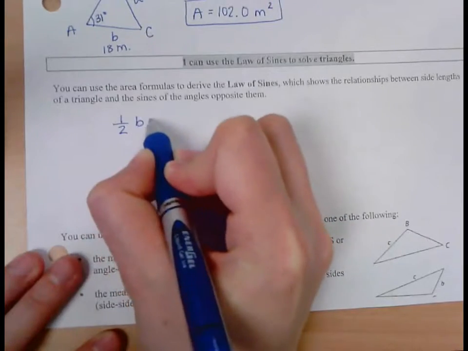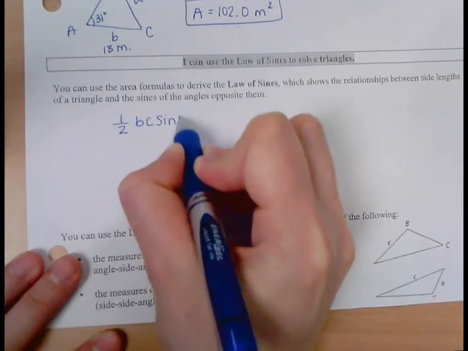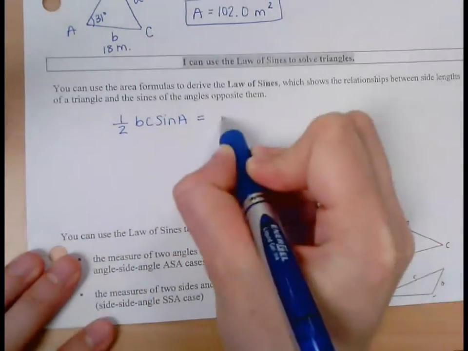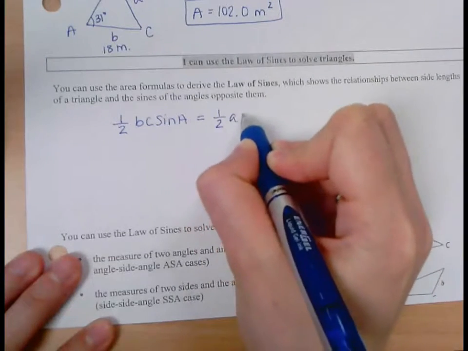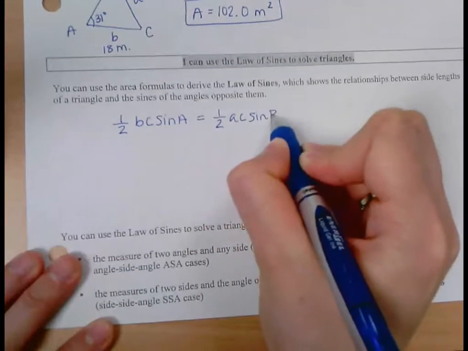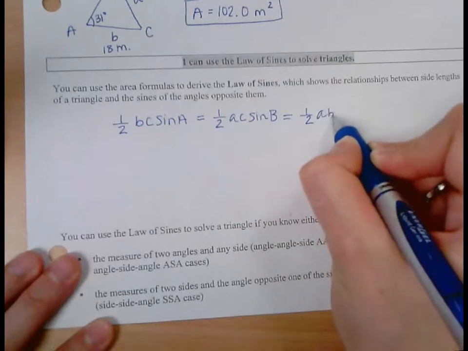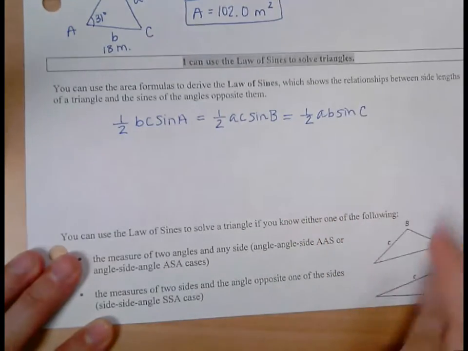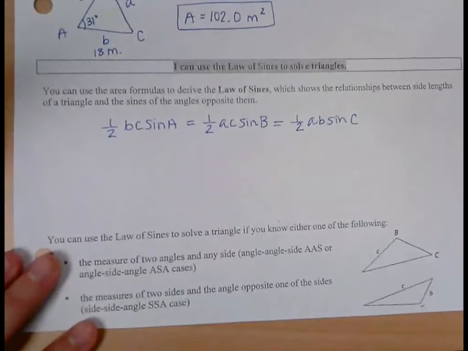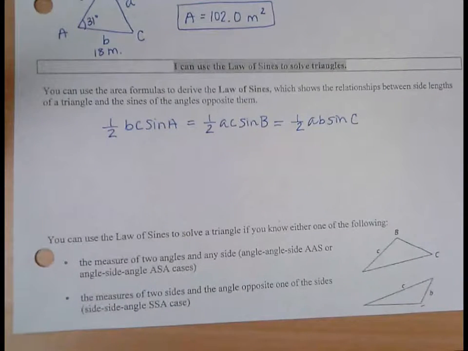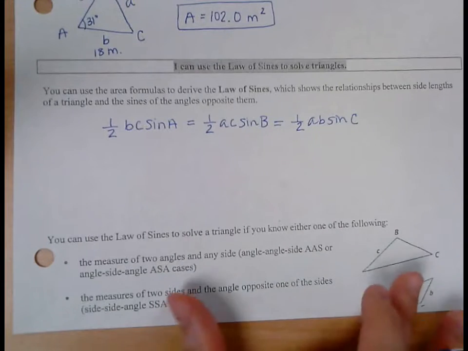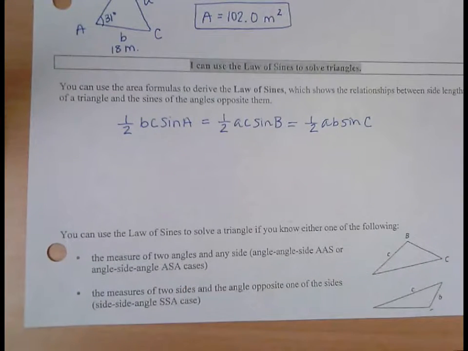1/2 BC sine of A should equal 1/2 AC sine of B should equal 1/2 AB sine of C. So just coming from the area formulas we just came up with, they're all equal to the same area, therefore they're all equal to each other.